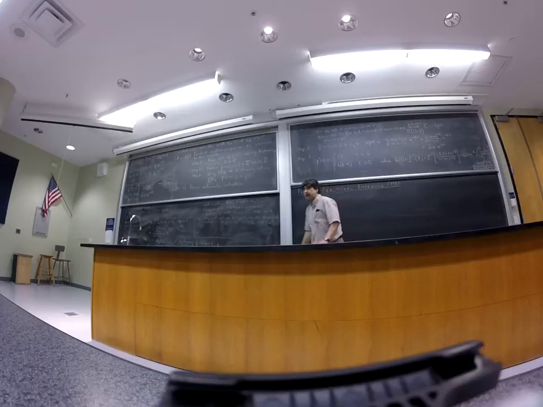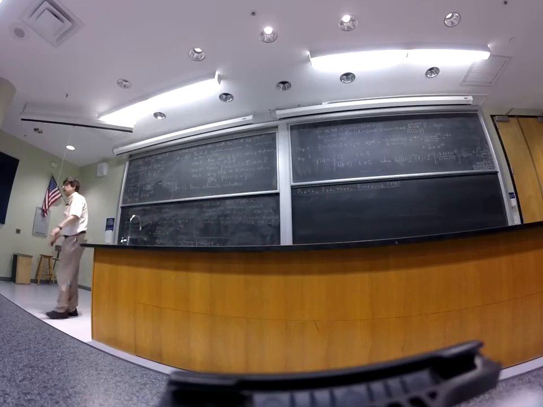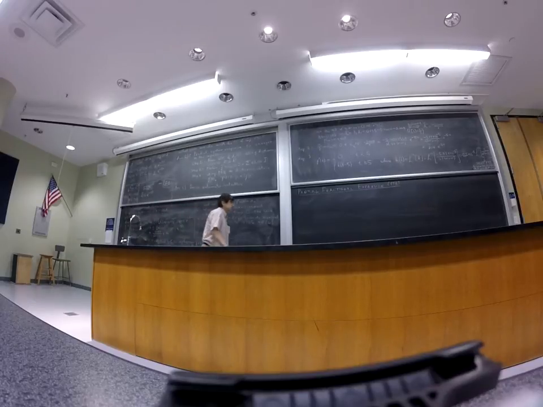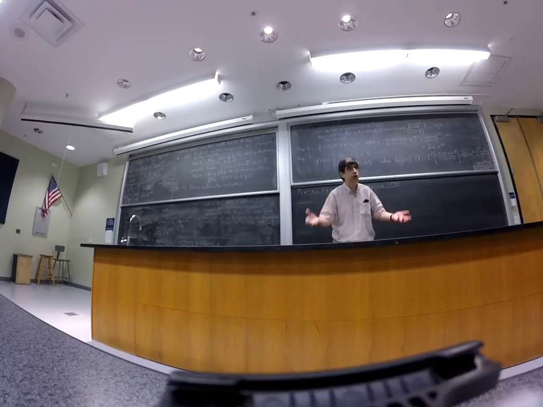So I will have a ratio of polynomials, and let me use variable s. So the denominator polynomial will have higher degree than the numerator polynomial. Without loss of generality, you can divide by the coefficient of the highest power of the denominator.